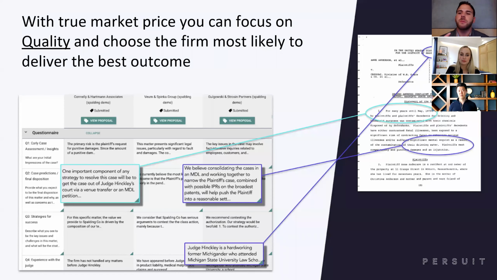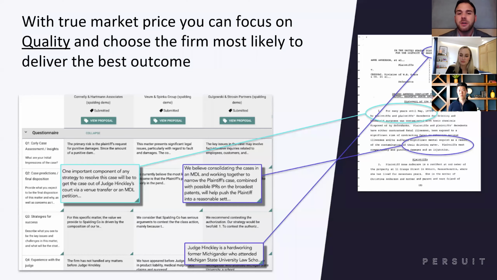What was the value of all those free strategic advices that were given by all of these top tier firms? Our data scientists came back and said, on average, answers are 6 pages long with respect to strategies. The firms dissect the complaint, dissect all the issues, they spot all the issues in the case for you, and they come back to you with so many insights.